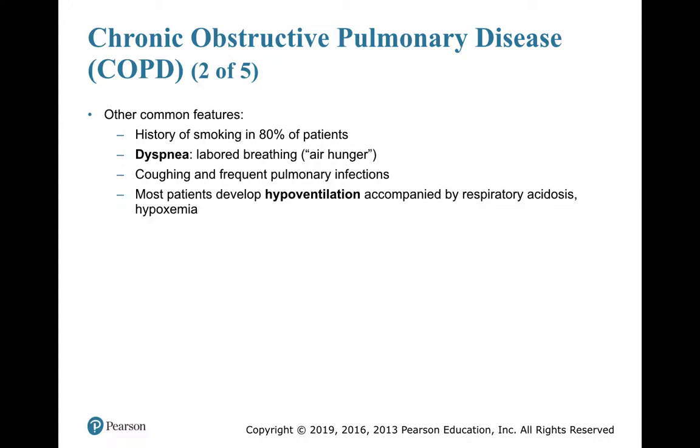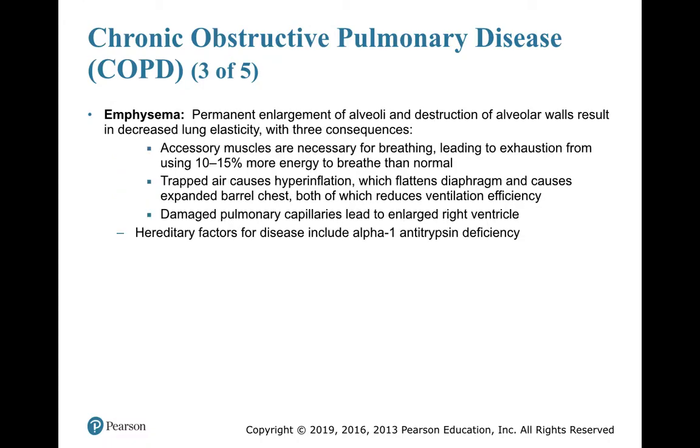Emphysema is the permanent enlargement of the alveoli and destruction of the alveolar walls, which results in decreased lung elasticity, and that has 3 key consequences. The accessory muscles are going to be necessary for breathing. That leads to exhaustion. You use 10 to 15% more energy to breathe than normal.